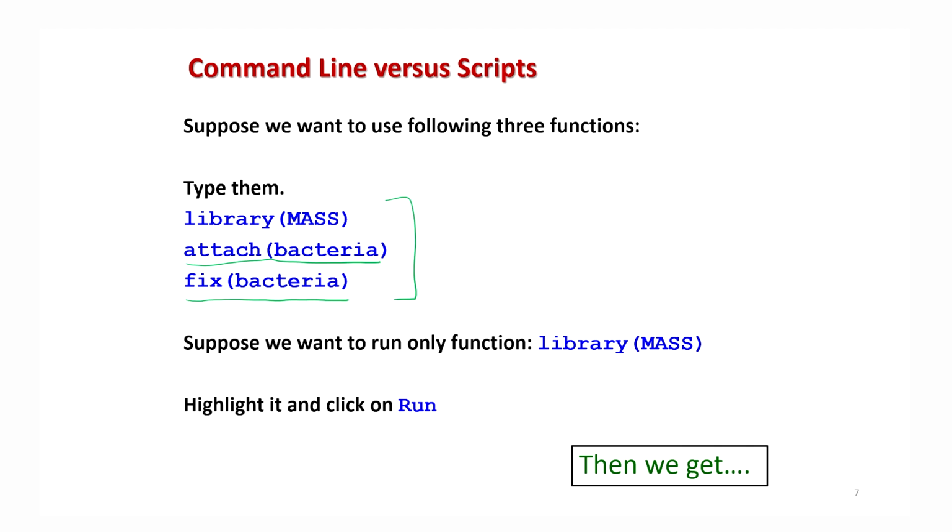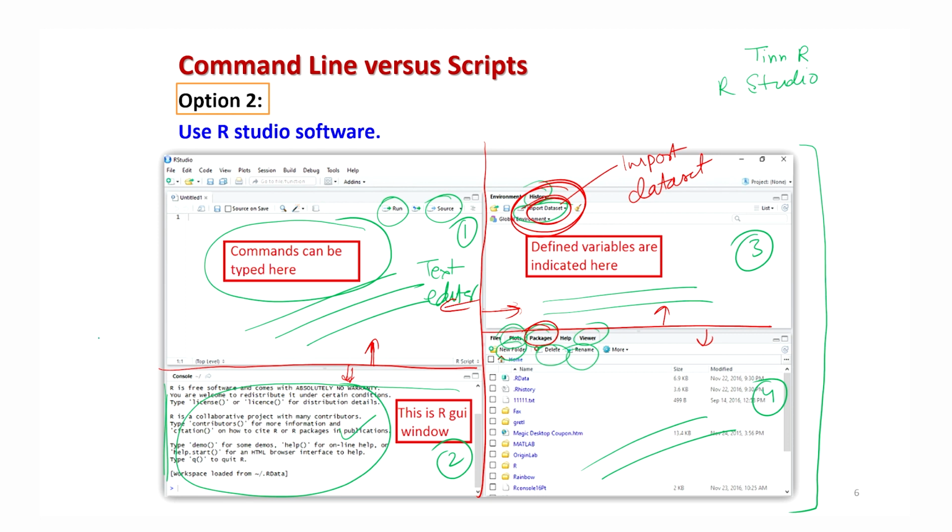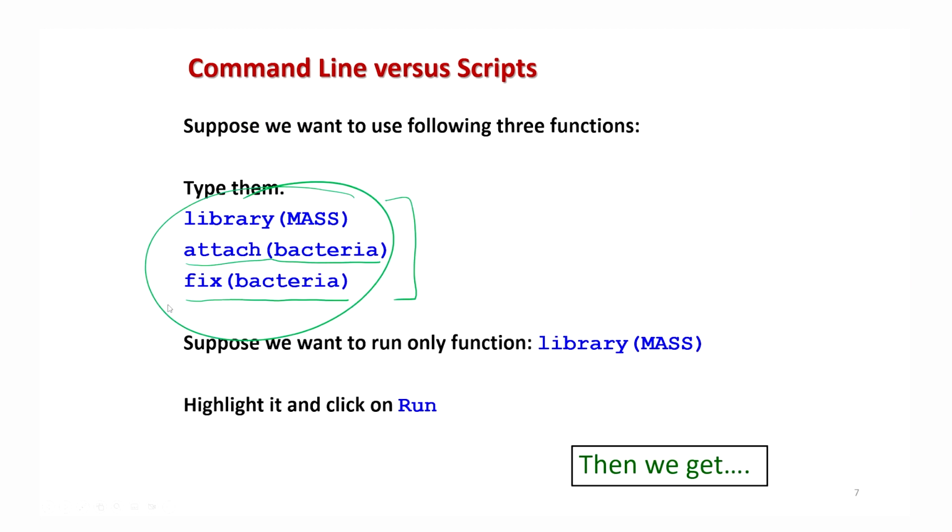And as I said, in the case of R software also, if you want to execute only one command, you simply have to highlight it and then press Ctrl R. Similarly, in this case also, you are going to write all these things in window number 1, which is here. After that, if you want to execute one command or more than one command, you simply have to highlight it.